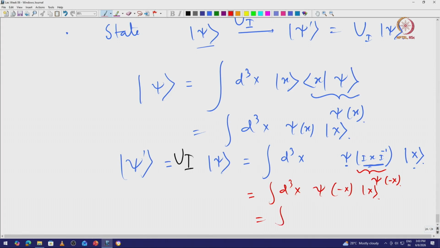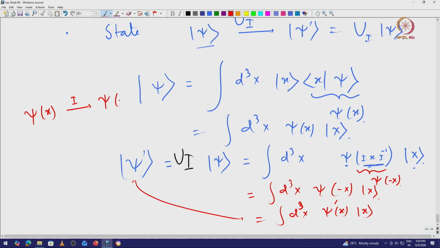And that is equal to, if I just take this one, so the conclusion is under inversion psi of x changes to psi of minus x if there is no unitary operator acting on any basis.